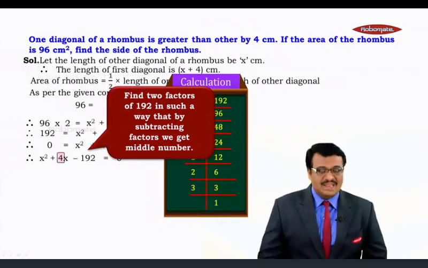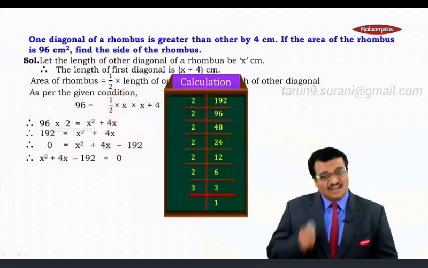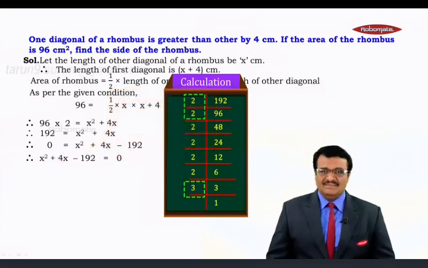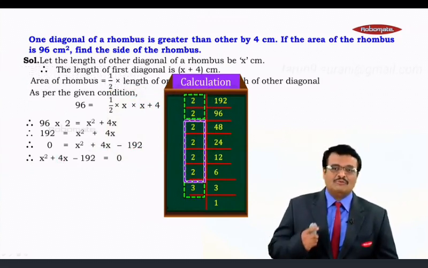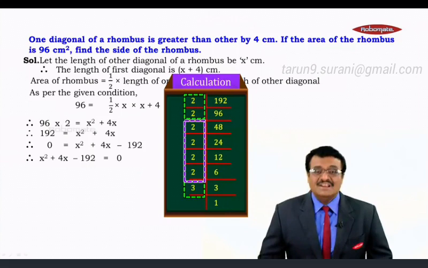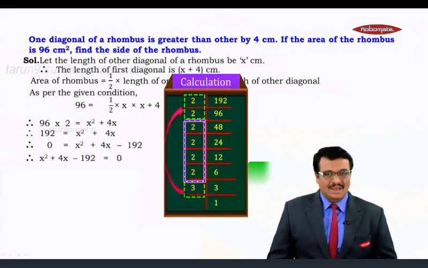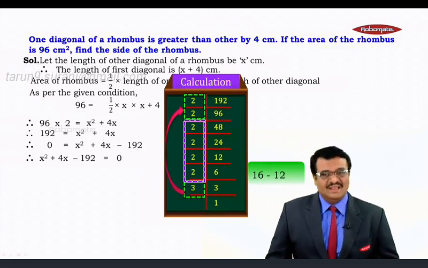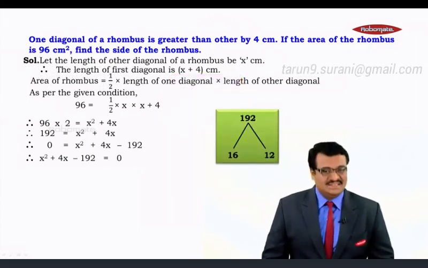We have to do the grouping here. Middle number is 4. By subtracting we have to get 4. The group that works out here is 3 fours are 12, and the remaining numbers if you multiply, 2 2s are 4, 4 2s are 8, 8 2s are 16. 12 16s are 192, and that 16 and 12 if you subtract you will get that 4 as required. Right? So the factors of 192 are 16 and 12.